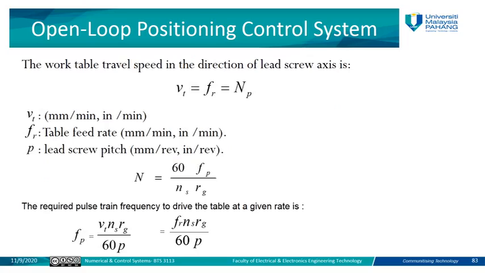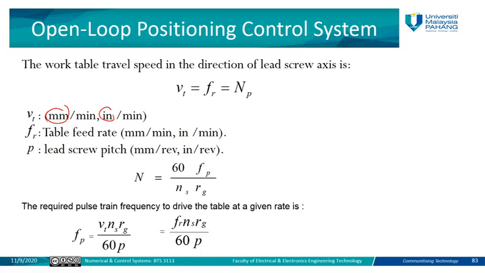Here also the work table travel speed. What is the speed of the work table that will travel in the direction of the lead screw? So we have Vt, which equals Vr, which can be measured in millimeter per minute or inch per minute, depending on which unit we are going to use. Are we going with the metric system or the system which uses inches and other units?